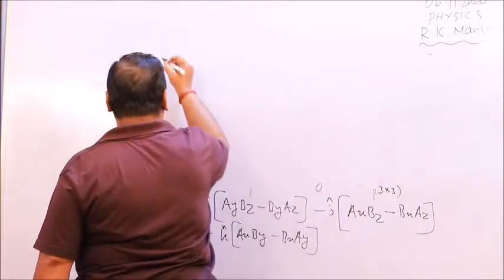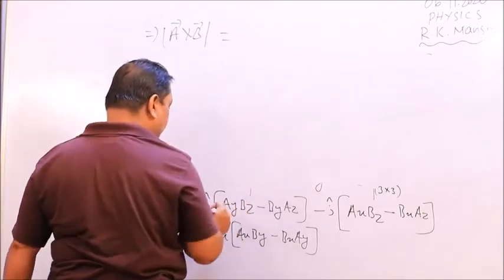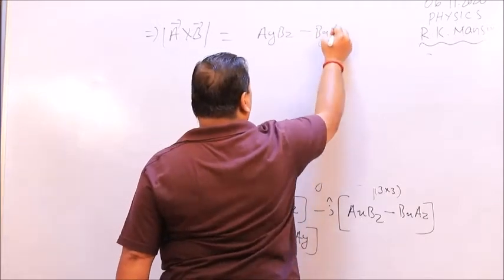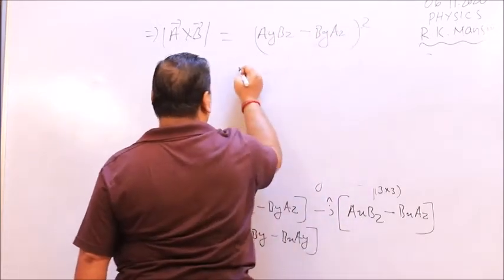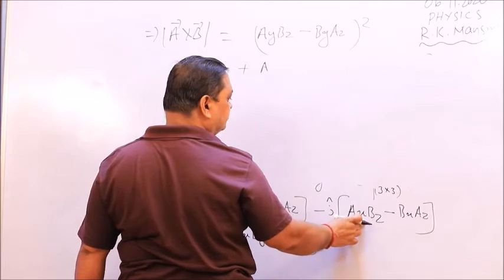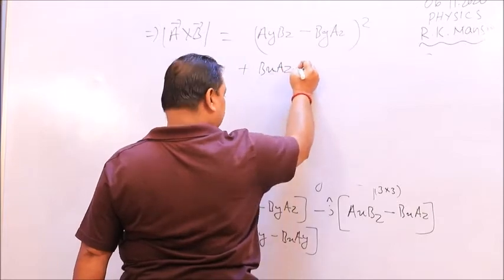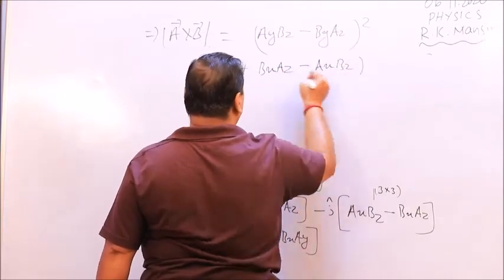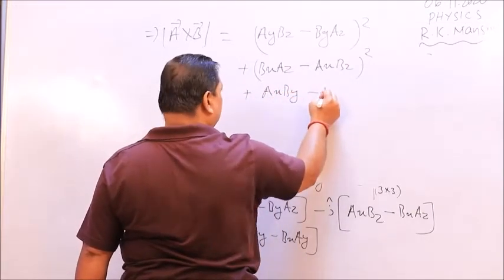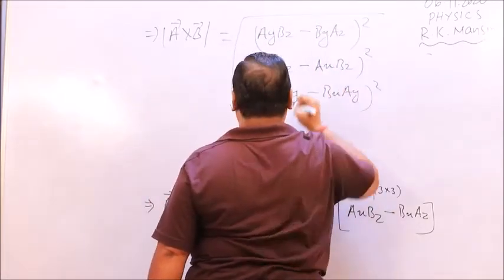the modulus of A cross B equals the coefficient of i cap, (ay bz minus by az), squared, plus the coefficient of j cap, which is the minus of this, so I am writing this term first, (bx az minus ax bz), squared, plus (ax by minus bx ay) squared, then take the root over all.